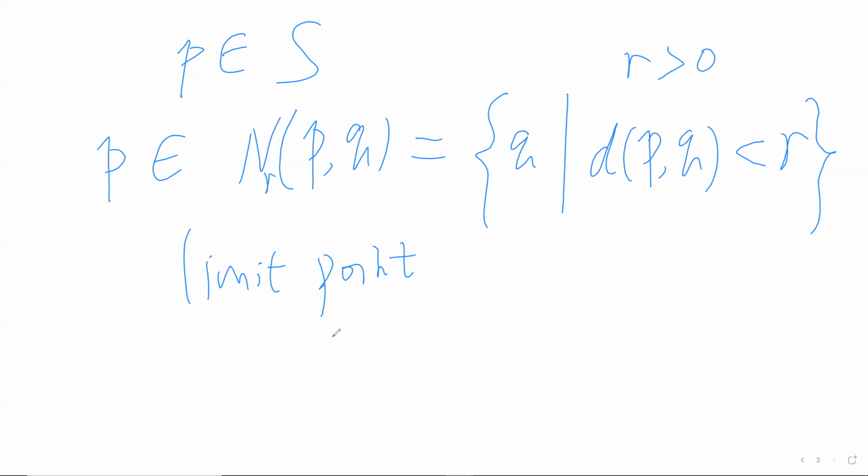Suppose P is a limit point in a set, or in a metric space. Remember, we are defining all these concepts in a metric space, which means the distance metric has already been defined, satisfying all three properties, as we discussed earlier.